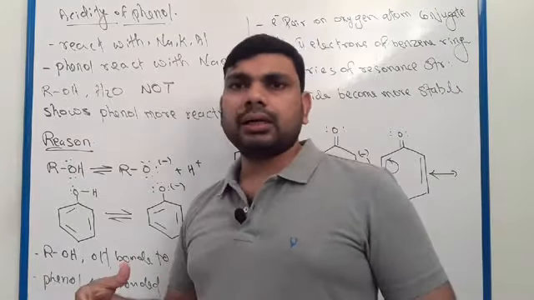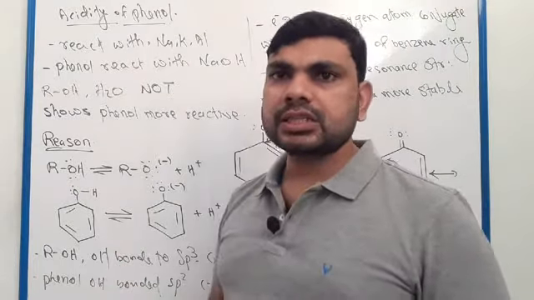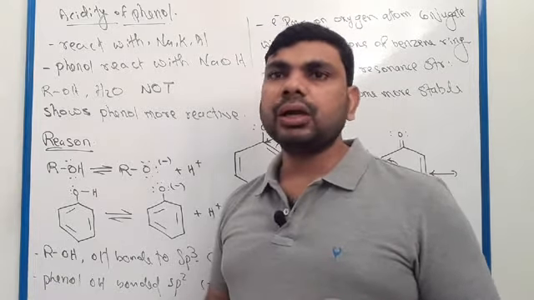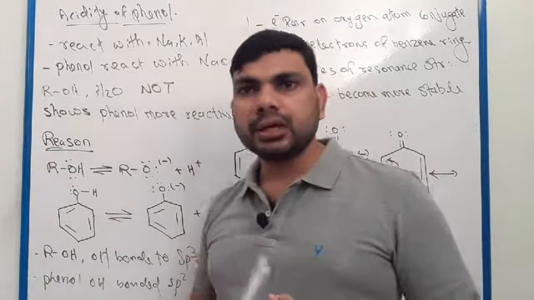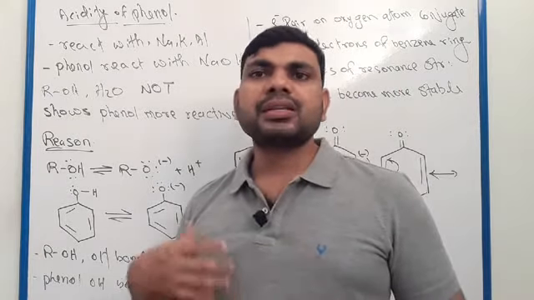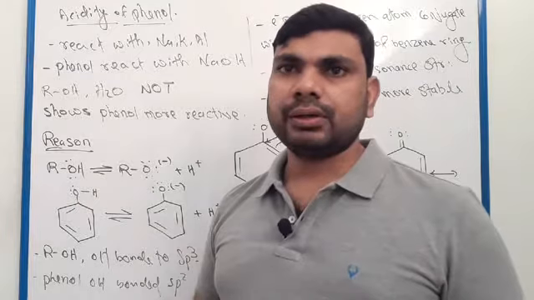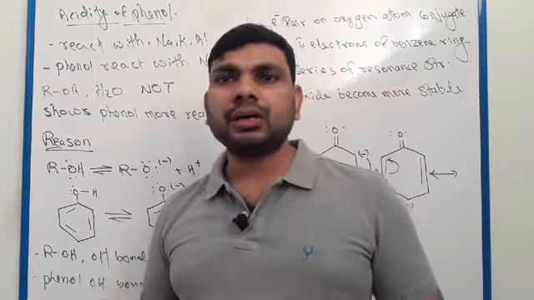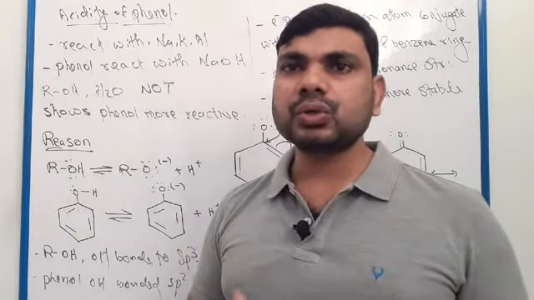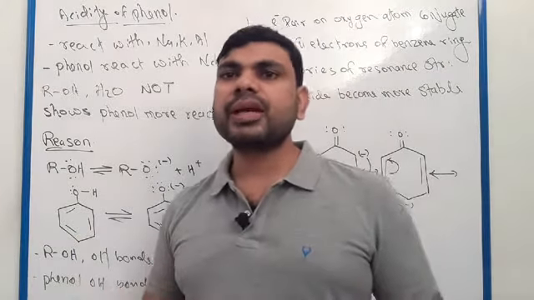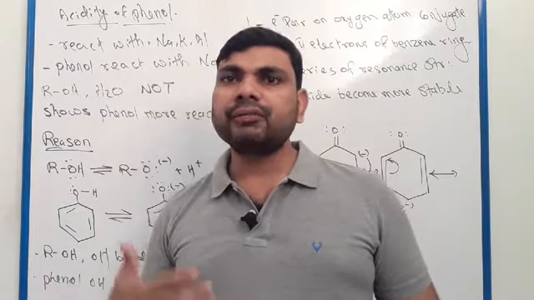We already discussed that alcohol and phenol both react with sodium, potassium and aluminum and form the corresponding alkoxide. Sodium reacted with alcohol gives sodium alkoxide. Sodium reacted with ethanol gives sodium ethoxide. Sodium reacted with phenol gives sodium phenoxide.